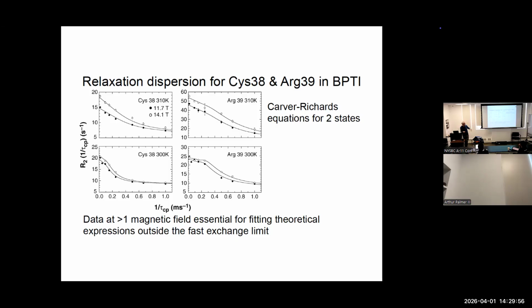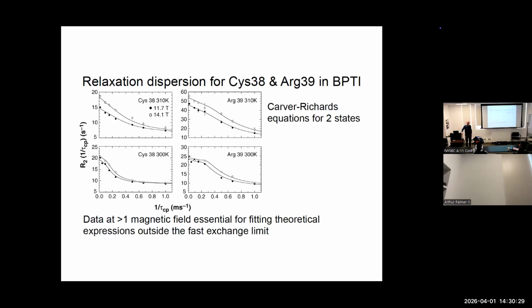we started collecting these data on BPTI and realized that having more than one field was really helpful in interpreting the data. So you can see, for example, for cis38 at 310K, if you look at the y-intercepts, the scaling is almost the ratio of 500 over 600 squared.